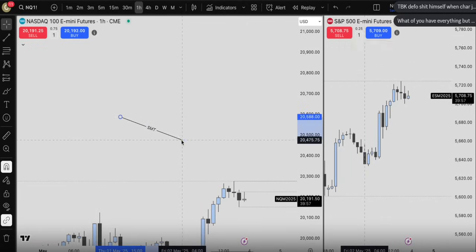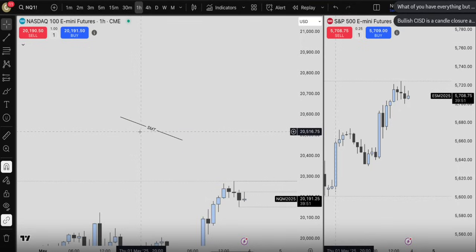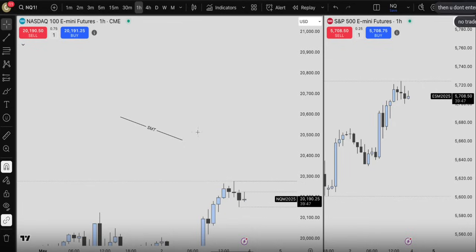If we have that 15-minute SMT, that can be our SMT confluence on the lower time frame. So I could still take that 1 minute execution without the SMT on the 1 minute because we already have SMT externally on the 15-minute. You get me? If there's no SMT on any time frame, there's no trade.